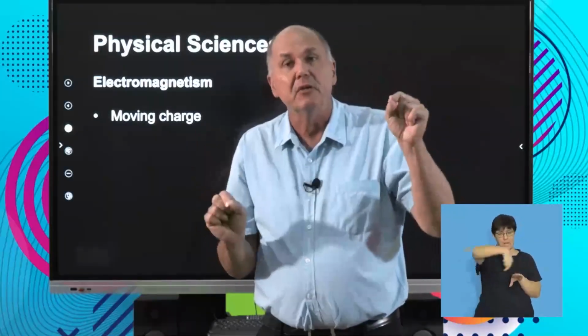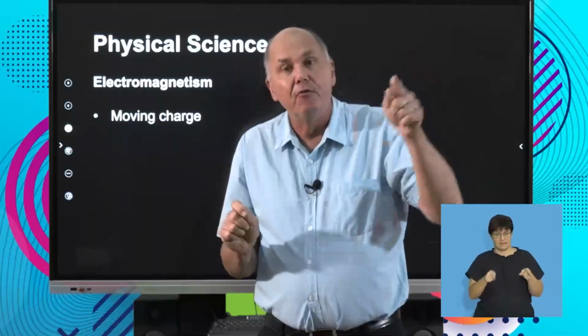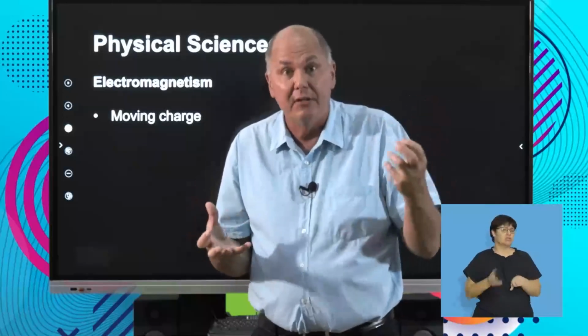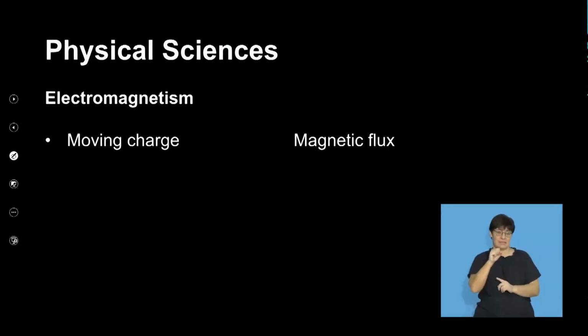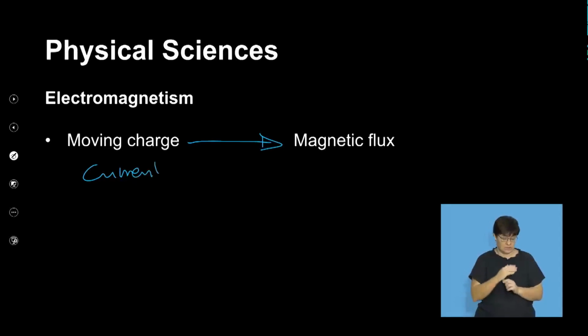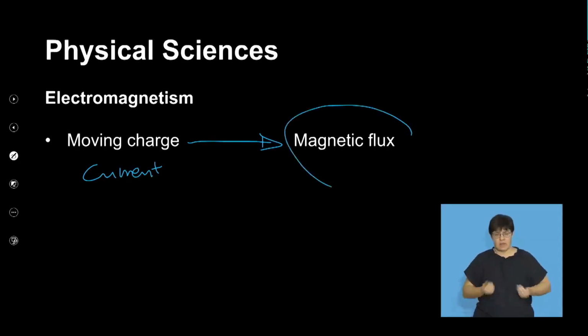In other words, a conductor that has a potential difference across the ends, and there are free moving charges or a current passing through that conductor. And we've shown in previous lessons that moving charge or a current is able to produce magnetic flux in an area around the conductor.